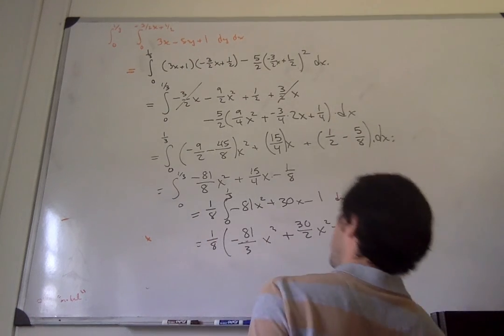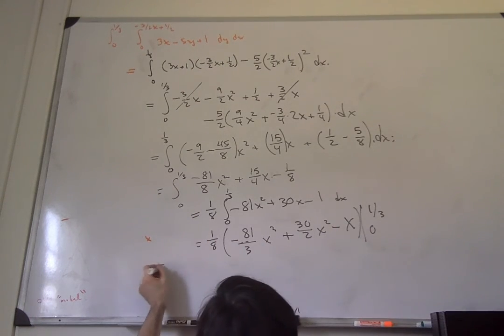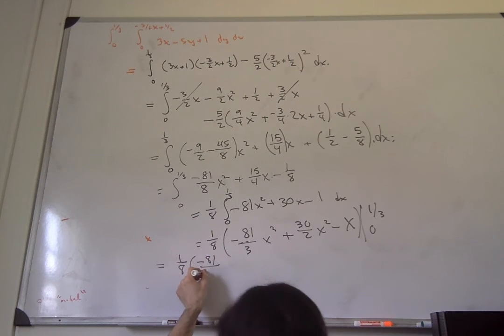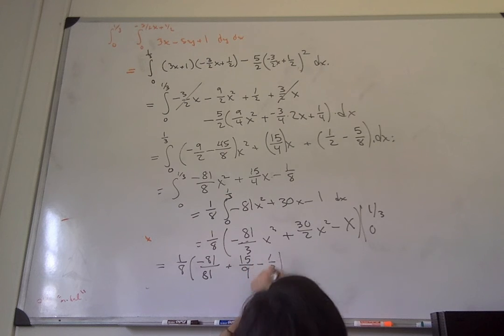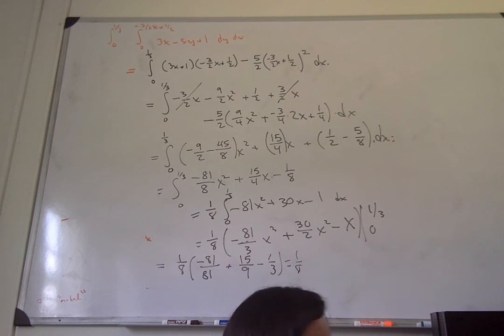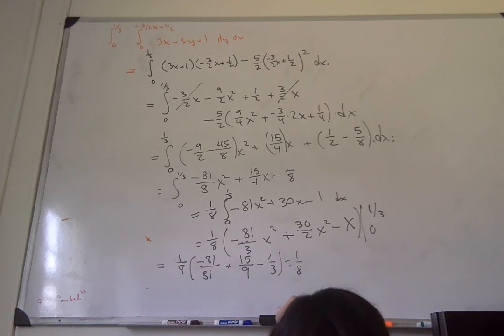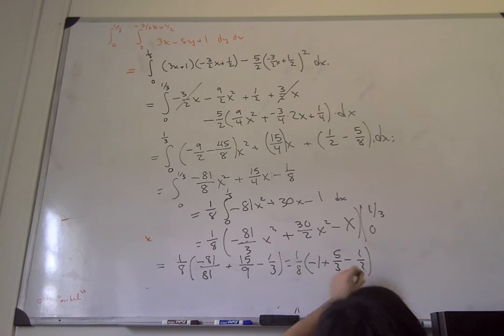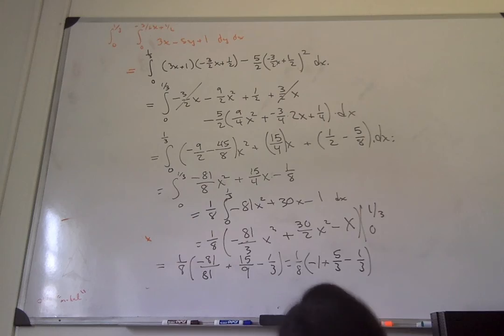And then in the final bit, we get 1/8 negative 81 plus 15 over 9 minus 1/3. And this is going to equal 1/8, okay, 1/8 negative 1 plus 5/3 minus 1/3.